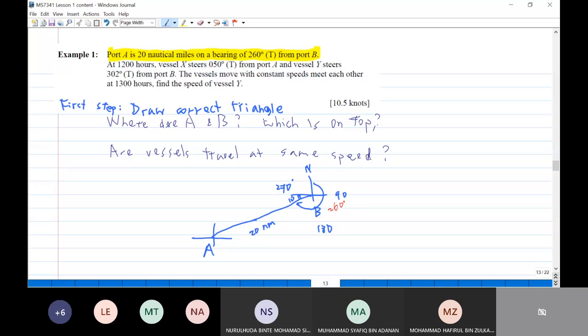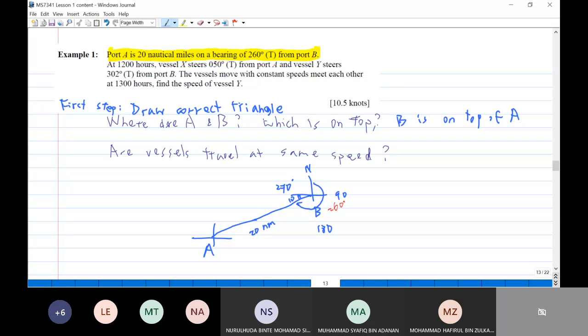So it goes 260, you go downward, you get A. So basically, B is on top of A. Okay, so if not sure, just draw a few times, then you see where is A now, right? B is on top of A because the bearing of A from B is 260.